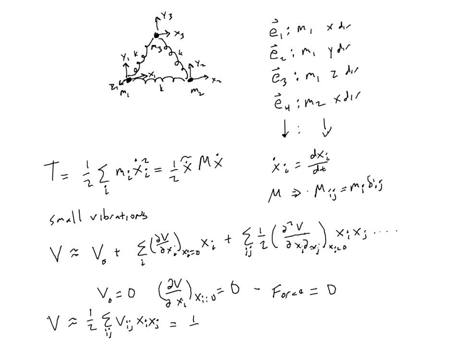That in turn can be written as 1/2 times the transpose of x, V times x, where V_ij is just the second derivative term. And you can see that this is a symmetric matrix too, right?